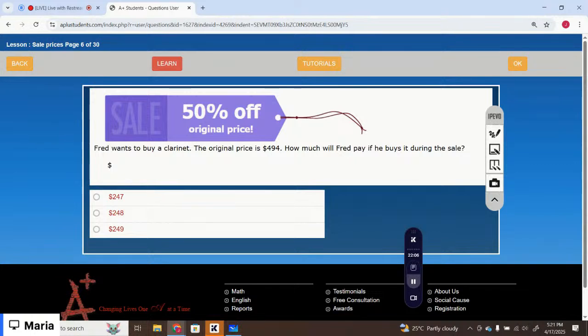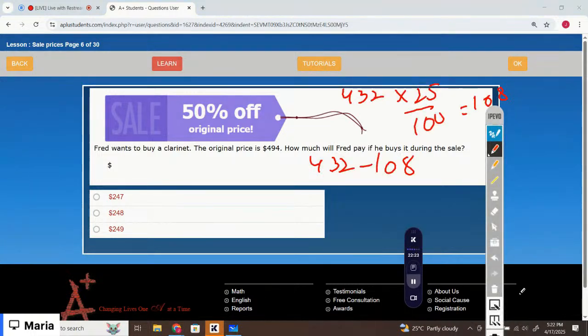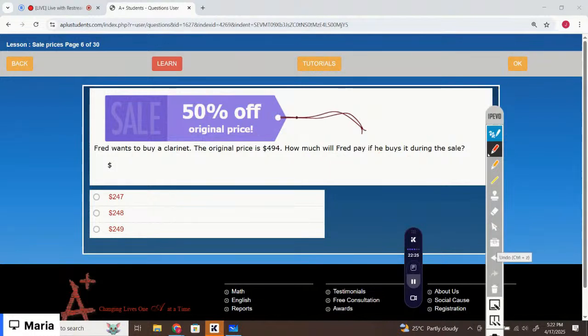Fred wants to buy a clarinet. The original price is $494. How much will Fred pay if he buys it during the sale? So 50% off means exactly half price, right? So the half price of 494 equals $247.